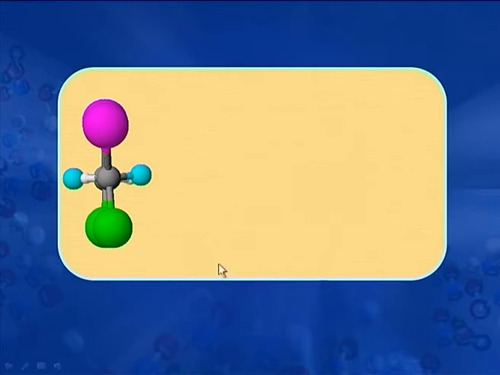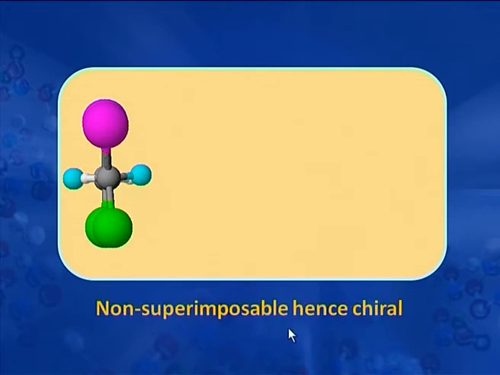We find that now this is not superimposable over the original molecule. This part and this part, that is bromine and chlorine, have superimposed, but hydrogen and fluorine, they are not superimposable. It means this molecule and its mirror image, they are different compounds, they are not identical. Non superimposable mirror images, hence it is chiral.